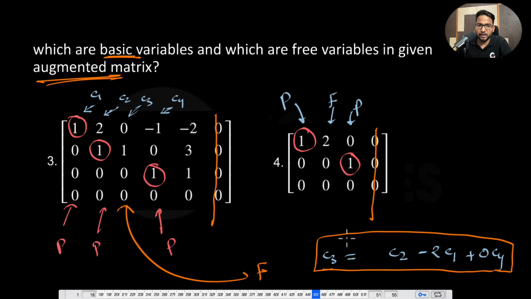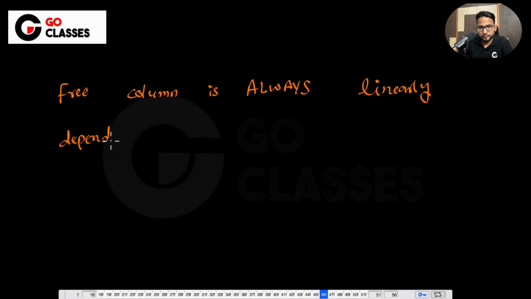Otherwise, we will see it later, that this free column is always, let me just write it on the next page, that free column is always linearly dependent on pivot columns.